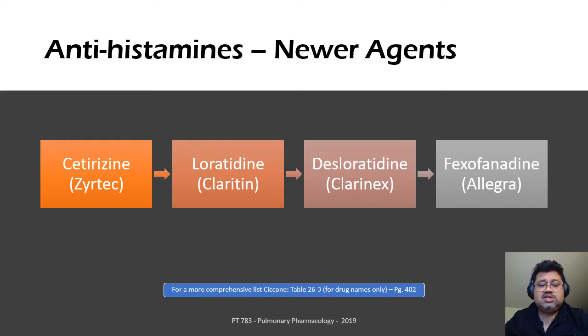Examples of these antihistamines are Zyrtec, cetirizine, loratadine, which is Claritin, desloratadine, which is Clarinex, and Allegra, which is fexofenadine. So these are some of the newer agents. Of course, there is a more comprehensive list in the text, table 26.3, for drug names only. That's all I need you to know.